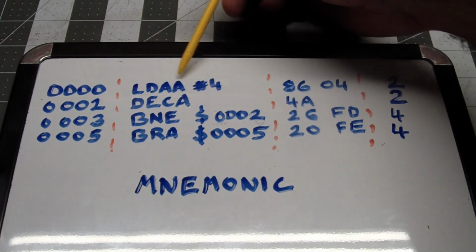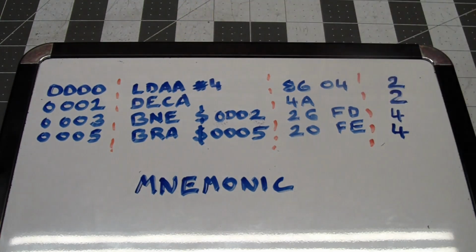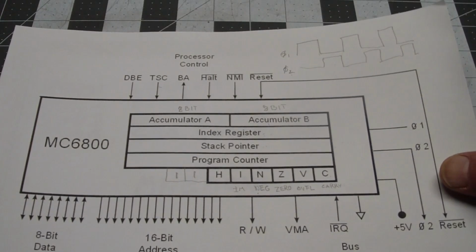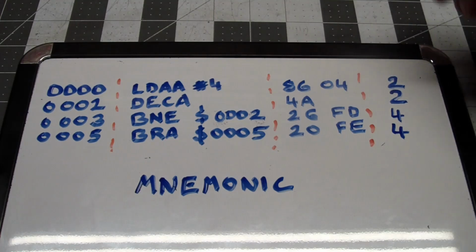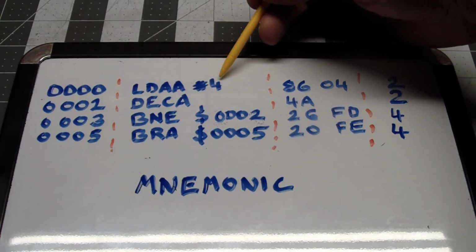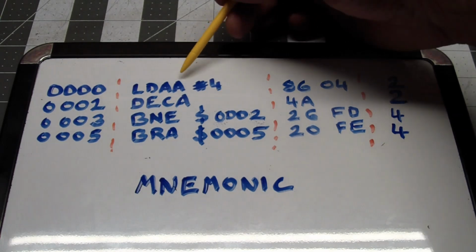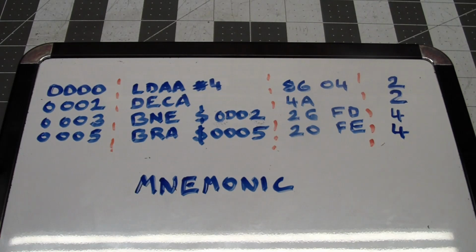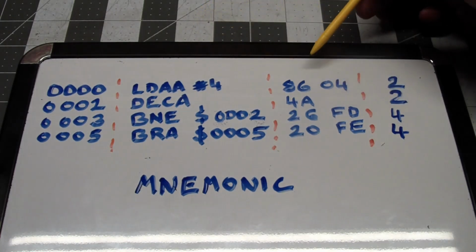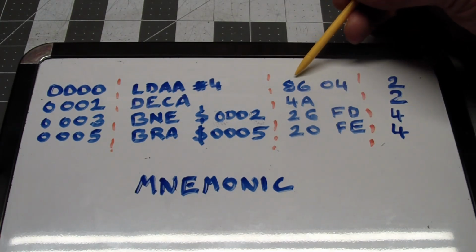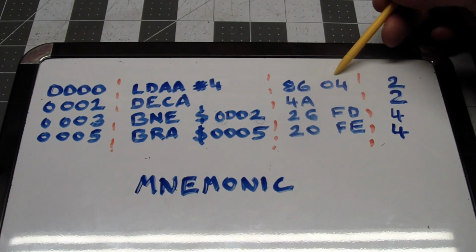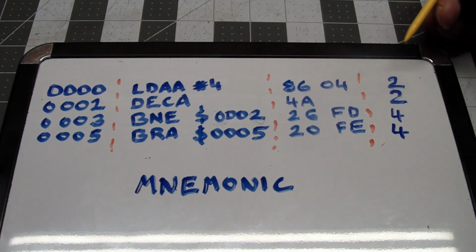In this case, the mnemonic itself specifies that we're loading a value into accumulator A. Remember, we have two accumulators, accumulator A and B. So this says, take the constant 4 and load it into the internal 8-bit register called accumulator A. That translates to, and this is all in hexadecimal, 86, which is the opcode, and 04, which is the operand.